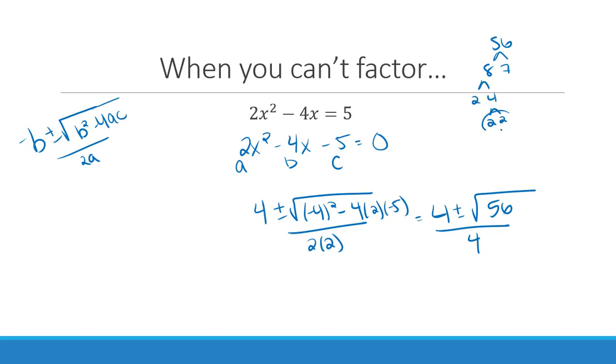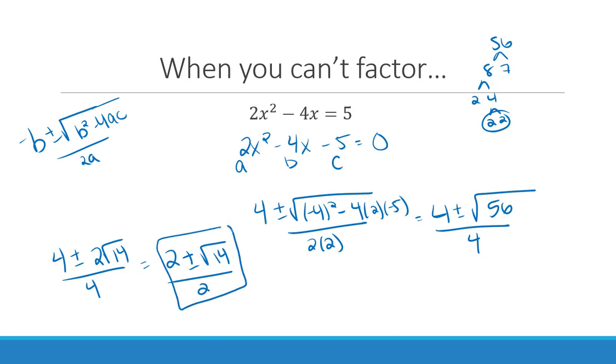So you can take out a 2, and then you would also have a 14 left over. So we can rewrite this as 4 plus or minus 2 square root of 14 all over 4. Now, since 4, 2, and 4 are all divisible by 2, it's just like one big fraction. You can reduce this down by dividing them all by 2. And so this right here would be my final answer.